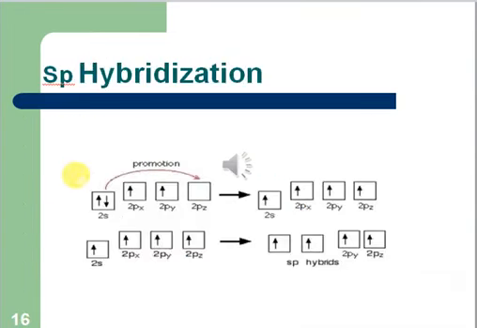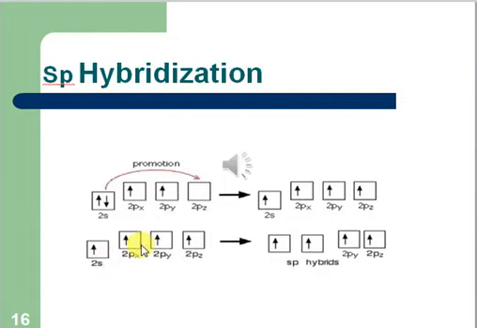So let's consider sp hybridization and how it occurs. Again, first we have to explain the tetravalency. One of the electrons from 2s will jump to 2p, so we have 4 unpaired electrons in these orbitals. Now only 2 orbitals will mix. These 2 orbitals are involved in mixing.